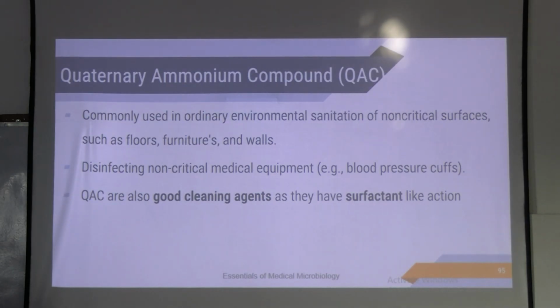The same environment has to be cleaned. For that we can use this low level disinfectant for routine cleaning. If the patient is a diagnosed case of infectious disease, then we need to use a high level or intermediate level disinfectant. But for routine cleaning, we can use these quaternary ammonium compounds.